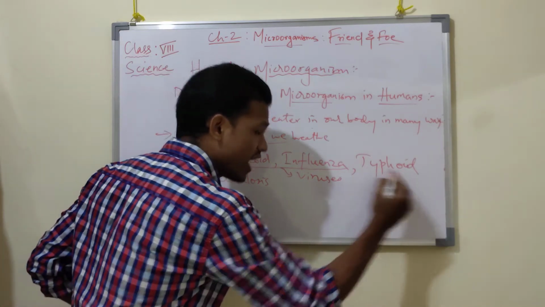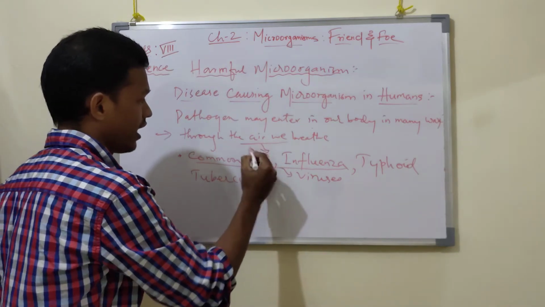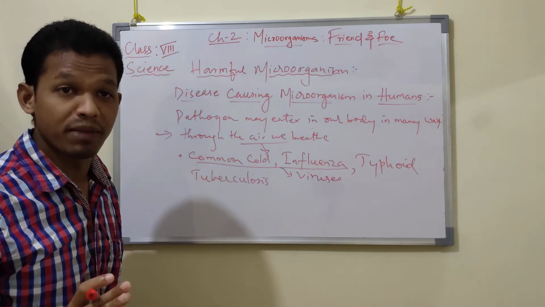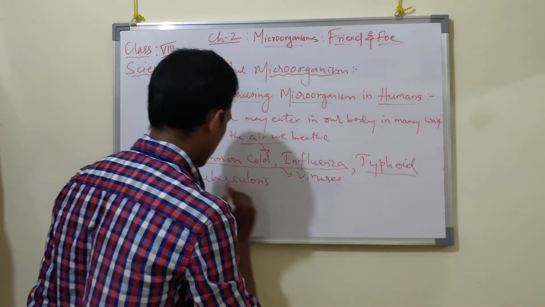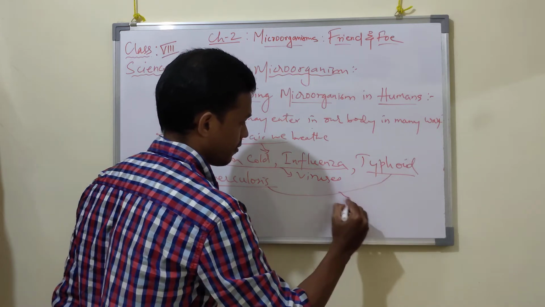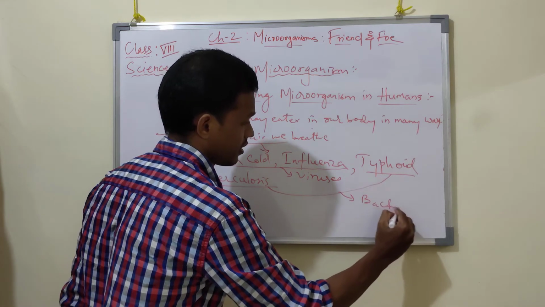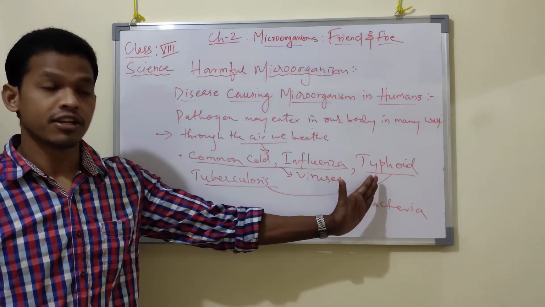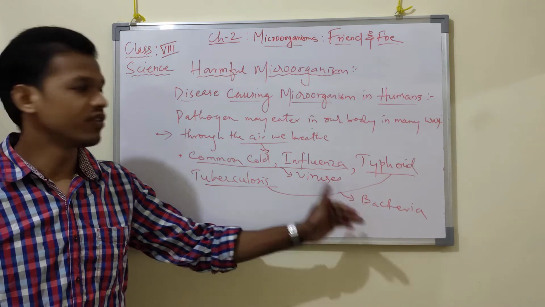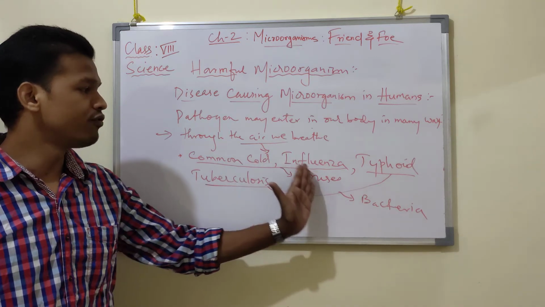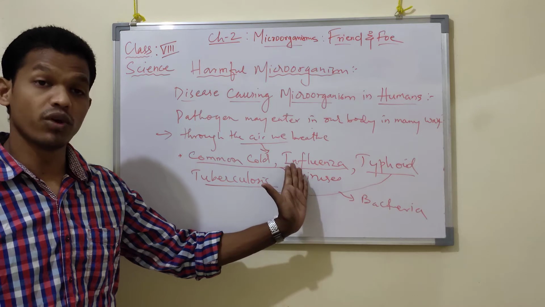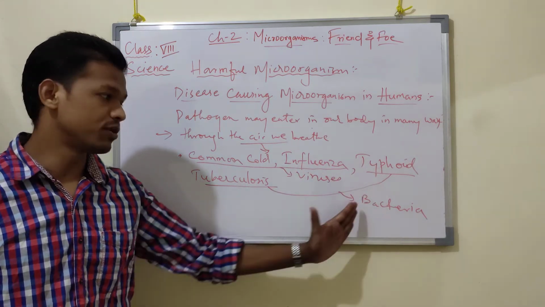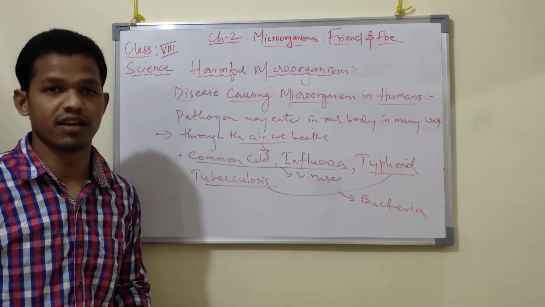Typhoid and tuberculosis are also transmitted through air, but they are caused by bacteria. The transmission medium is air in both cases.